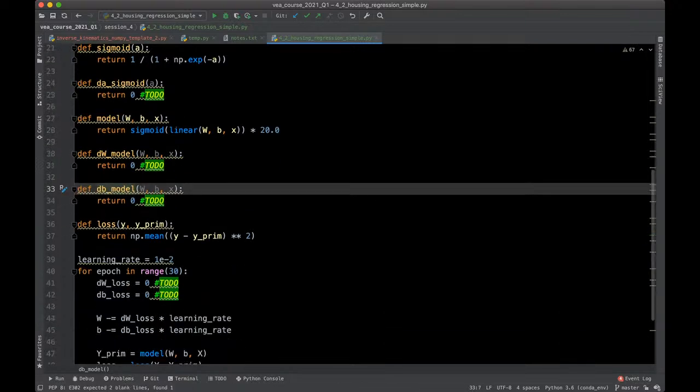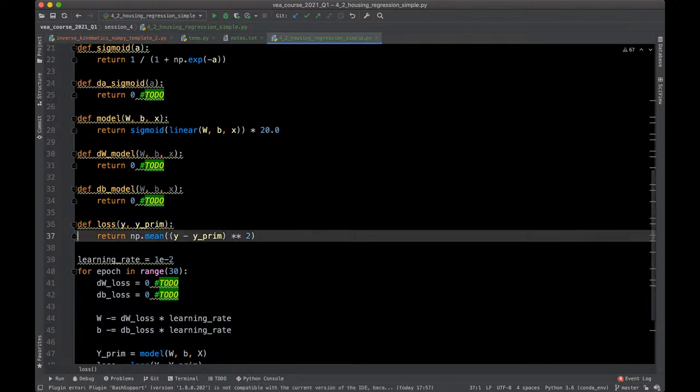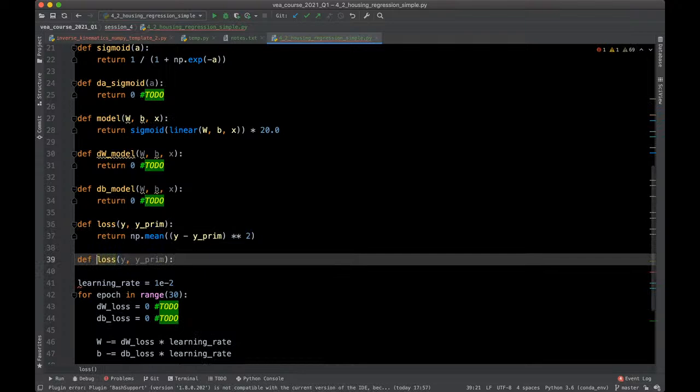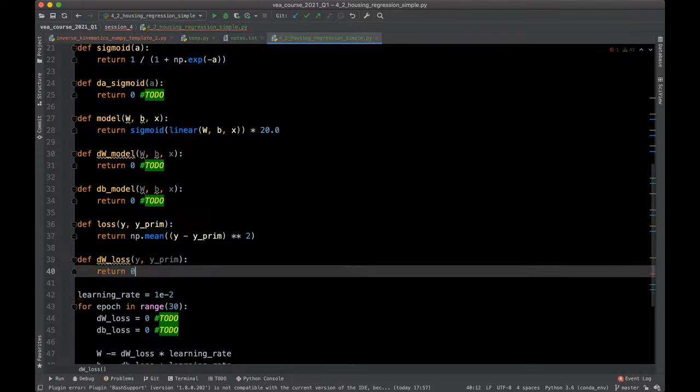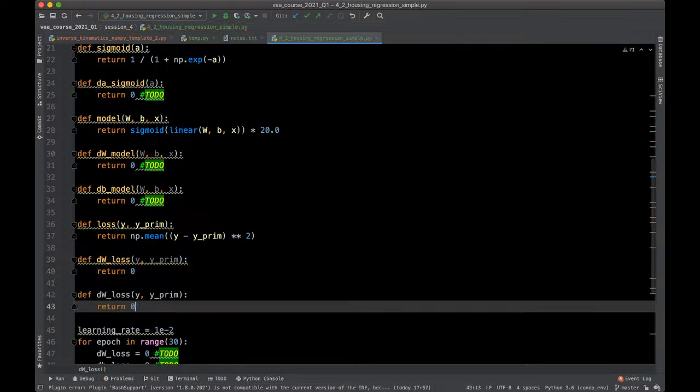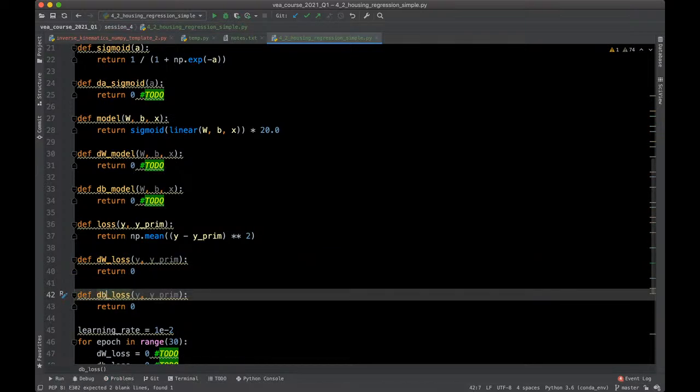And finally, you need the derivatives with regards to the weight and bias, dw return and db return. Right.